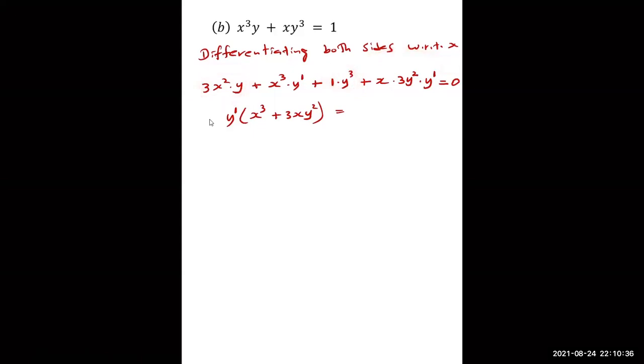Then you get minus 3x squared y minus y cubed. Now to find y prime, I'm going to divide both sides by this expression. Minus y cubed divided by x cubed plus 3xy squared. Okay, this is y prime, or dy over dx.